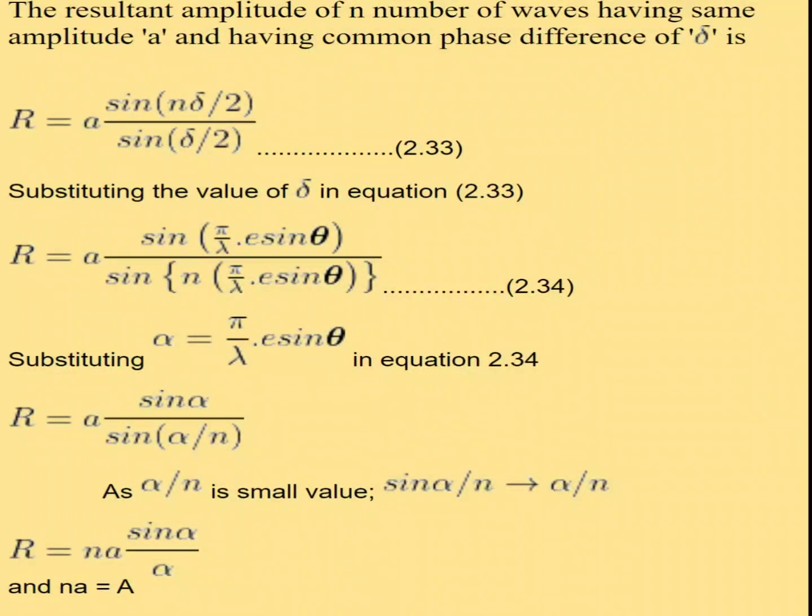Here this is the resultant amplitude, capital R is equal to A sin n delta by 2 by sin delta by 2.